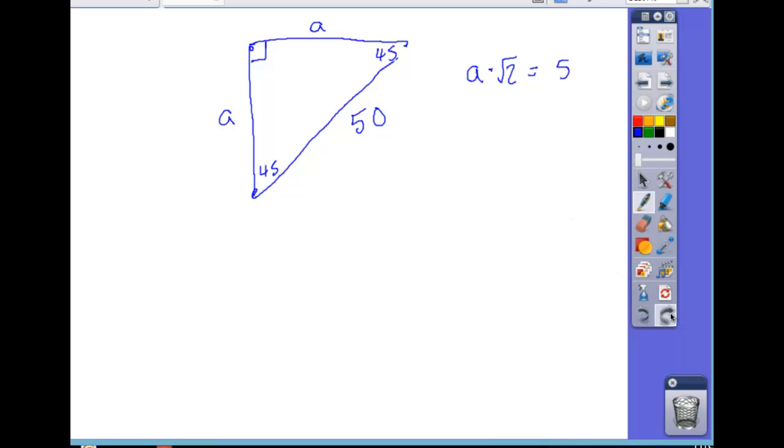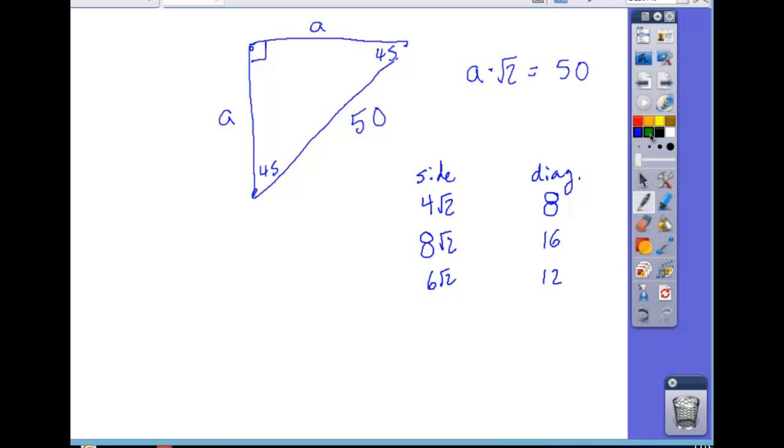What we've noticed so far is for when we have a side, and this is the diagonal or the hypotenuse, as the case may be here, we've seen such things as, if the side is 4 root 2, the diagonal wound up to be 8. When the side was 8 root 2, we had a diagonal of 16. When the side was 6 root 2, we had a diagonal of 12.